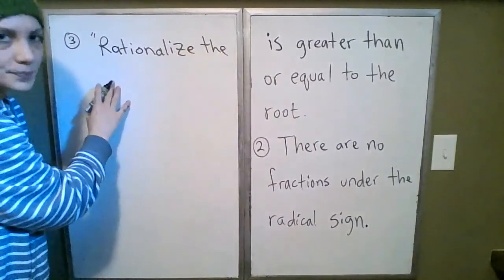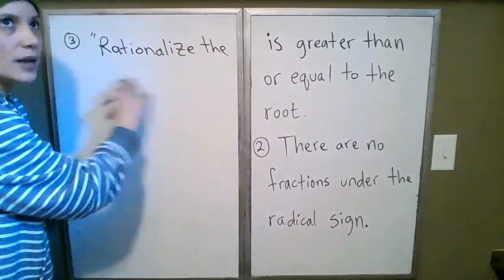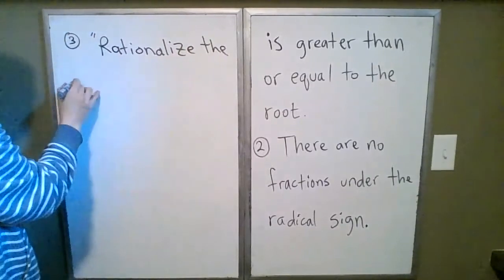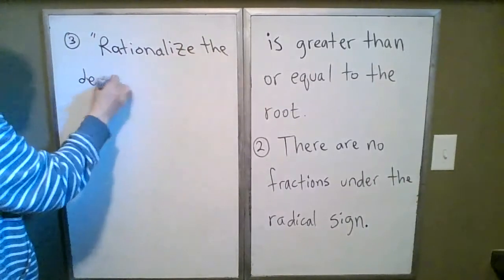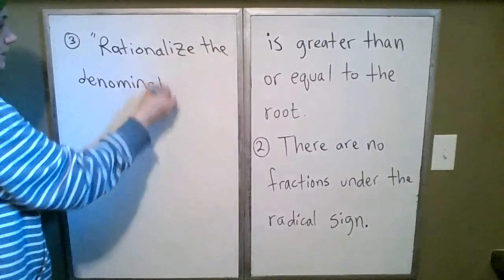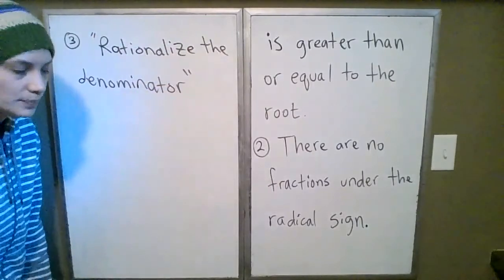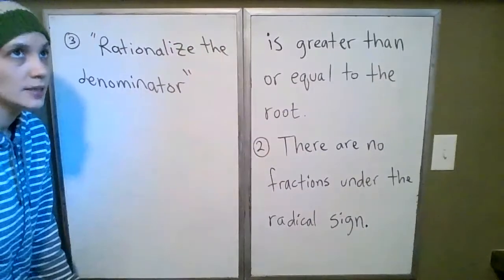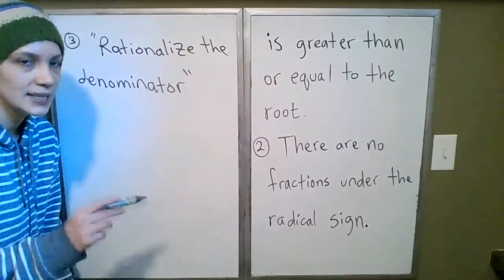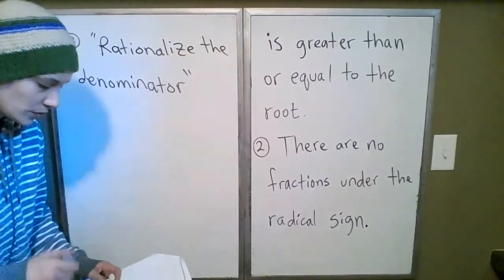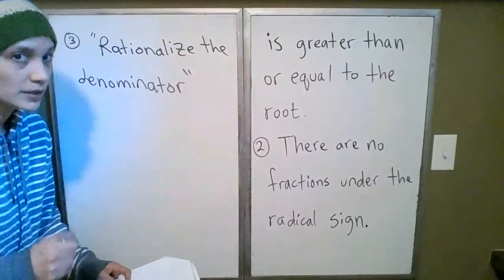I'm pretty sure it's to rationalize the denominator. It means to write your expression without any radical signs in your denominator. So no radicals in the denominator of a fraction.